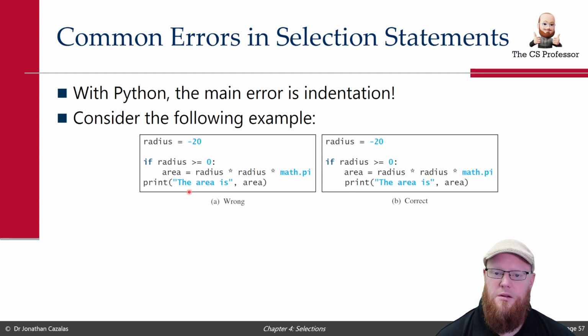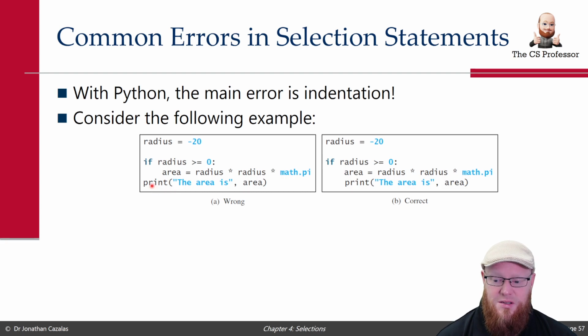But look at what we did here. This is wrong. We said if radius is greater or equal to 0, only then do we calculate the area. But this print statement, instead of being indented inside this if, which would have been correct, because we only want to print an area if we've calculated an area, and if the radius was therefore valid.